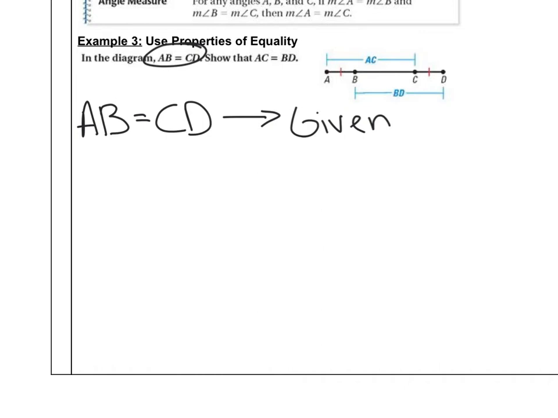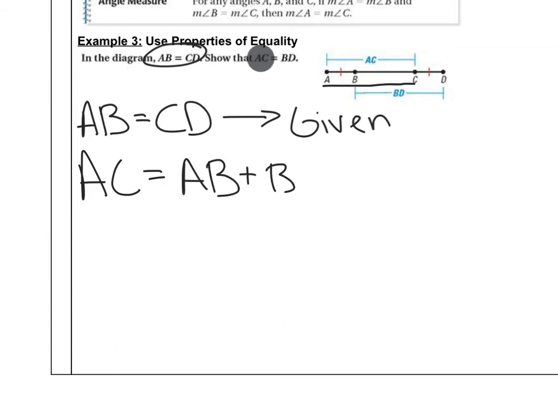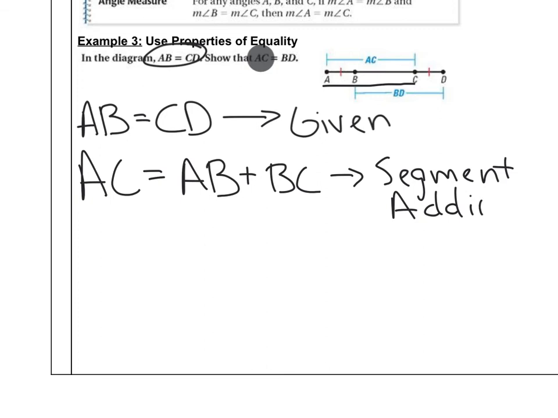So let's start with, we're trying to find AC here, so put a little highlight over AC. We know that AC is this segment right here. It is equal to AB plus BC. And the reason we know that is because of the segment addition postulate, which we learned back, I believe, in chapter 1, that a segment is made up of two smaller segments added together.